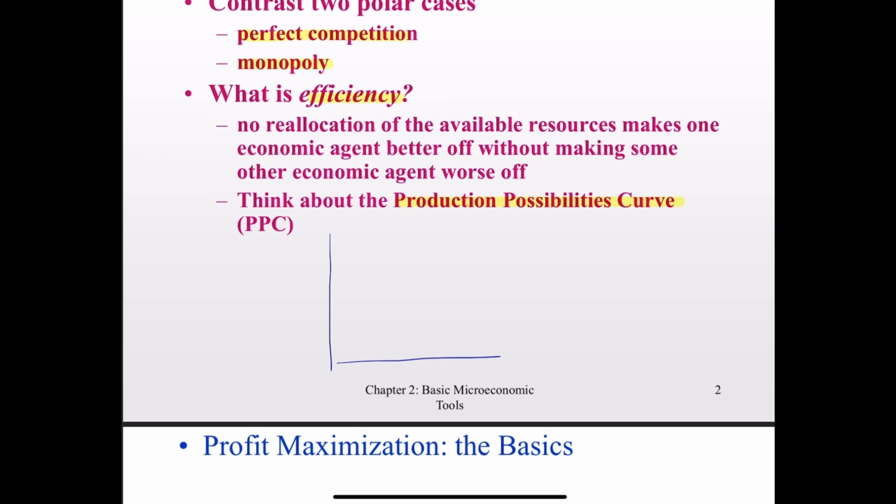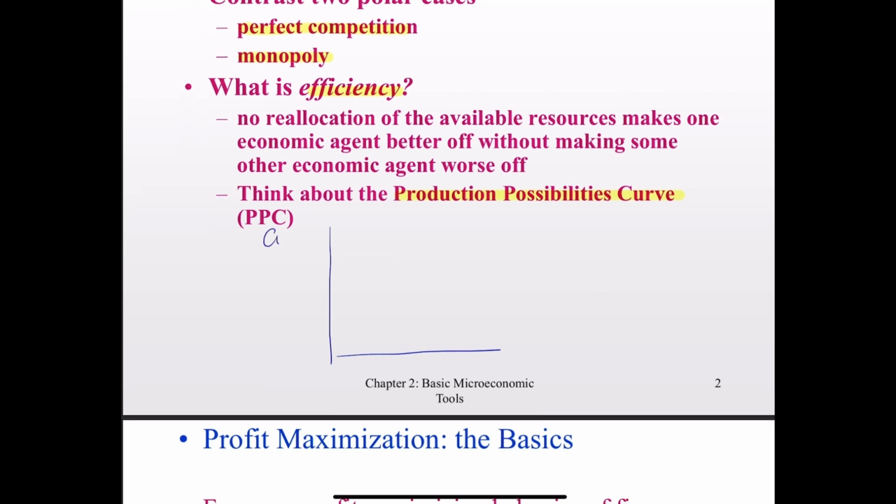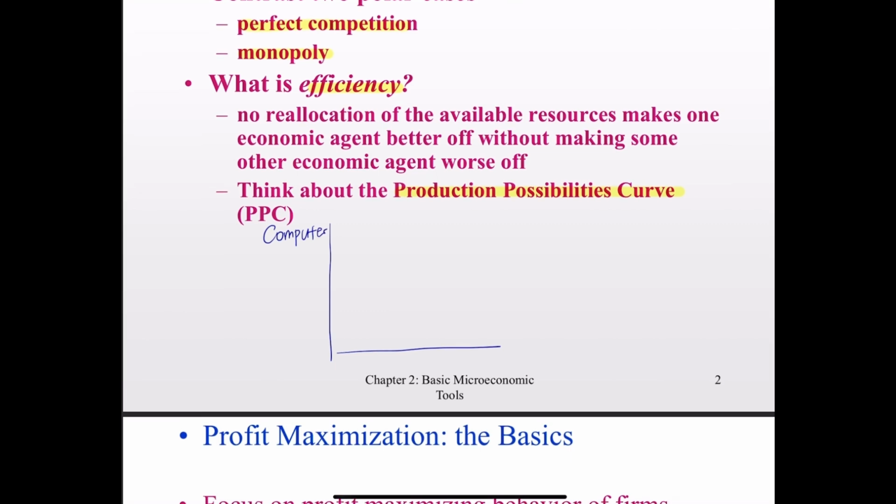Okay, let's draw that quickly. Here is the computer on the y-axis, and the x-axis to be wheat. On the x-axis we have the number of wheat, and on the y-axis we have the number of computers.